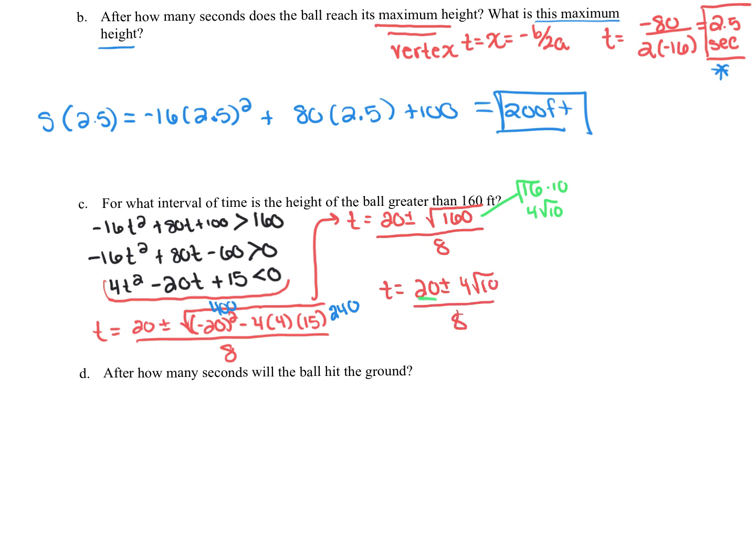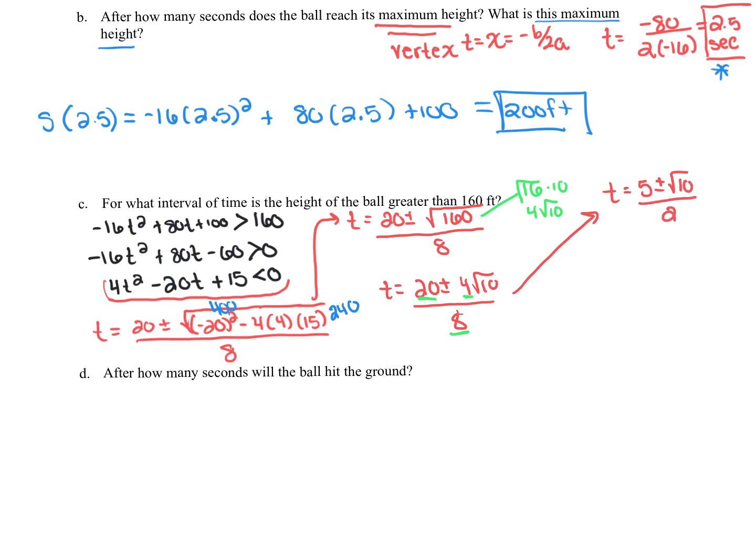And this and this and this can all be reduced by a 4. So t is going to equal 5 plus or minus root 10 all over 2.